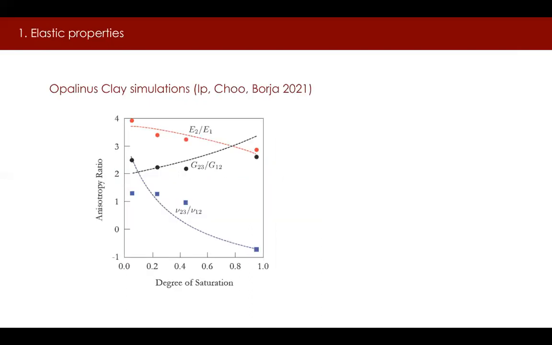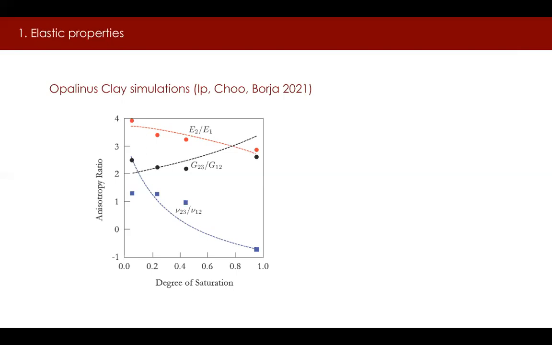The corresponding anisotropy ratios for Young's moduli and Poisson's ratios show a monotonic decrease with increasing saturation, while the variation of the shear moduli ratio with saturation is not monotonic. The estimated anisotropy ratio for Young's moduli, represented by the red dashed curve, matches well with the measured data points from Yurikov et al.